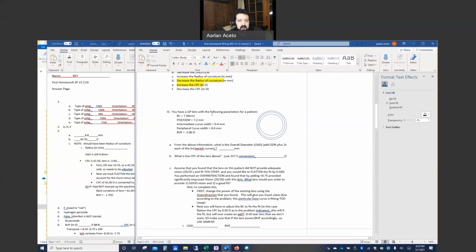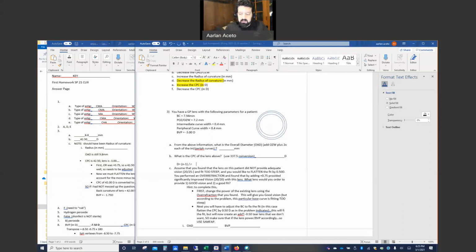CPC, all we're going to do is you can use the old-fashioned full formula. And the formula was the dioptric value equals n minus 1 divided by the radius in meters, and that's in meters, so you have to multiply it by 1,000 to get millimeters.